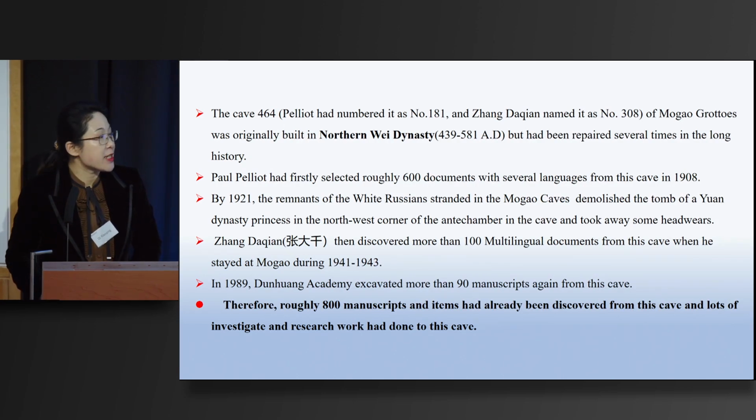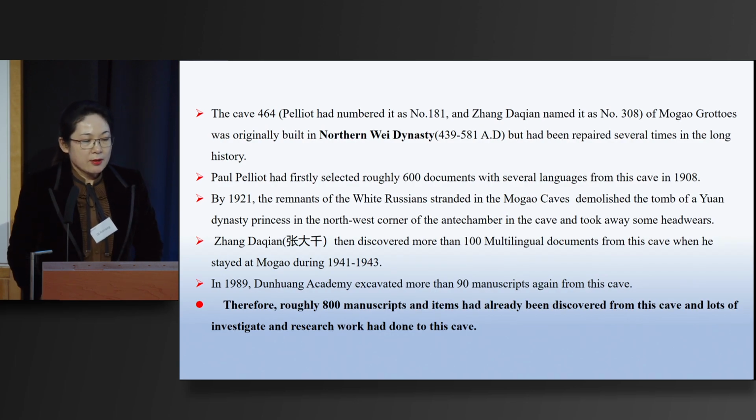Pelliot first selected roughly 600 documents in several languages from this cave in 1908. By 1921, the remnants of the White Russians sheltered in the Mogao caves demolished the tomb of a Yuan Dynasty princess in the northwest corner of the antechamber and took away some items.